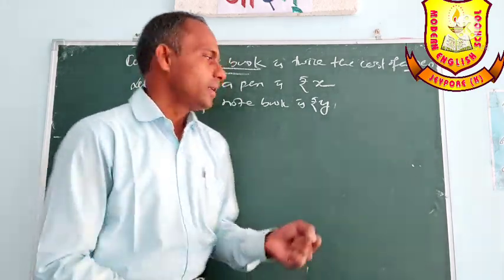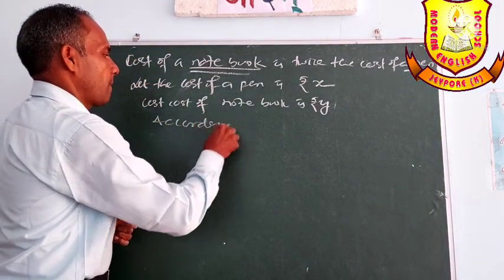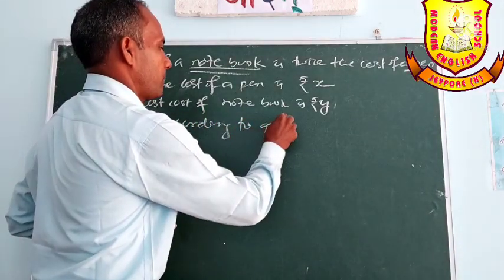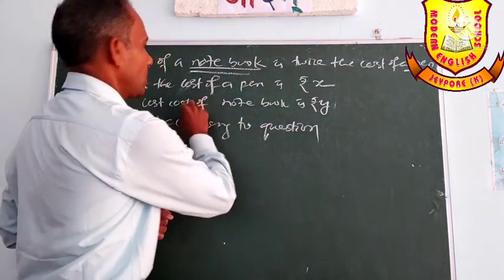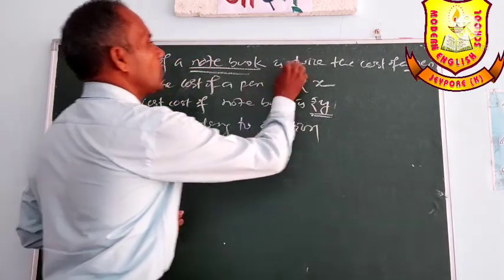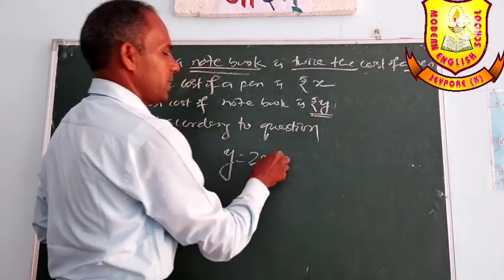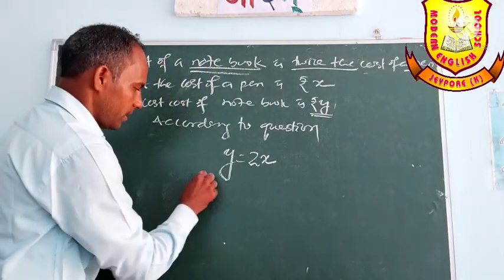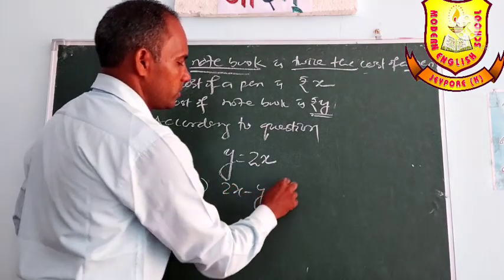We have to relate them. According to the question, the cost of notebook Y is equal to twice the cost of a pen. Cost of a pen is X, so Y equals 2X, which implies 2X minus Y equals 0.